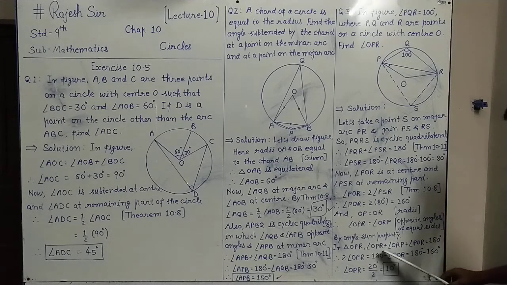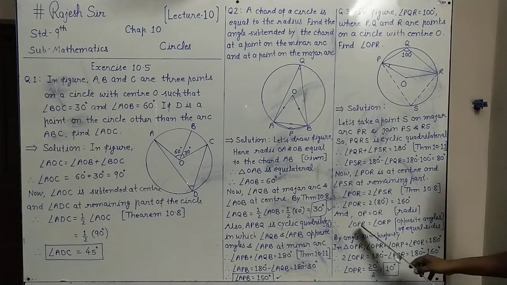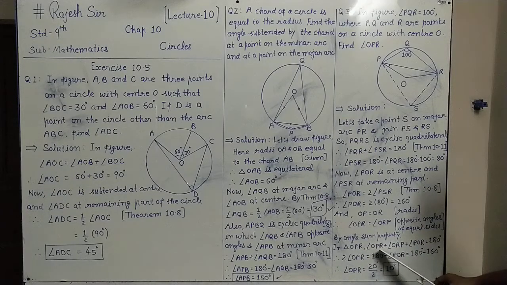So angle OPR plus angle OPR gives 2 times angle OPR, equal to 180 degrees, and angle POR is taken to the right side, so minus angle POR.